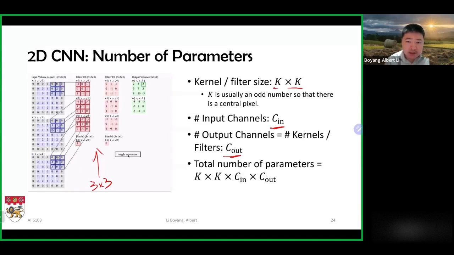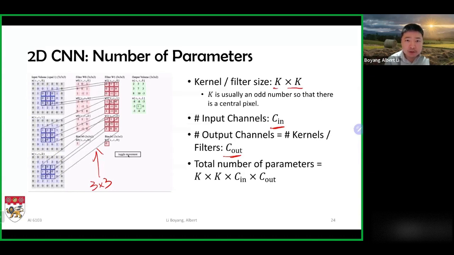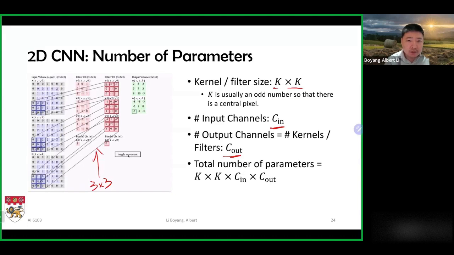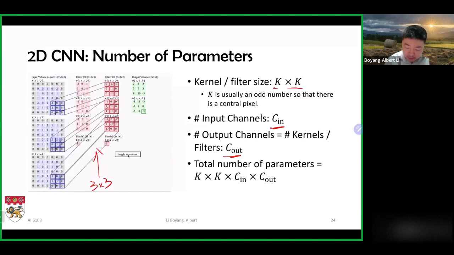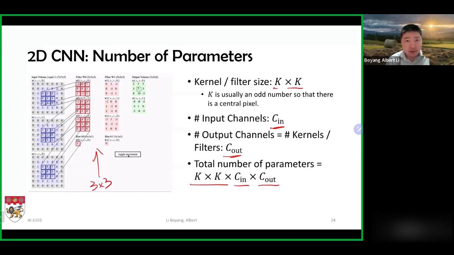Imagine I don't have any bias, since I think it's most common these days to not have the bias weight. Then I can count the number of parameters in this convolution layer. That would be k squared times the number of input channels times the number of output channels.